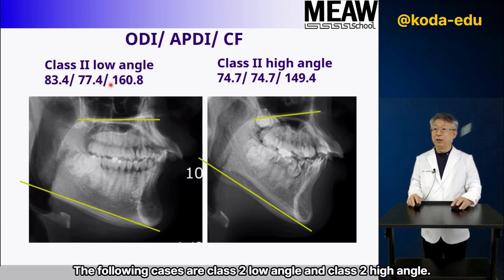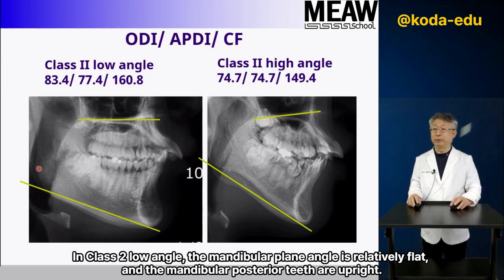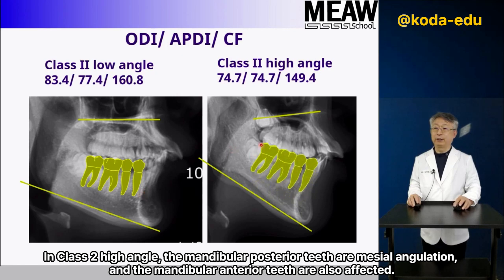The following cases are Class 2 low angle and Class 2 high angle. In Class 2 low angle, the mandibular plane angle is relatively flat, and the mandibular posterior teeth are upright. In Class 2 high angle, the mandibular posterior teeth are mesially angulated, and the mandibular anterior teeth are also affected.